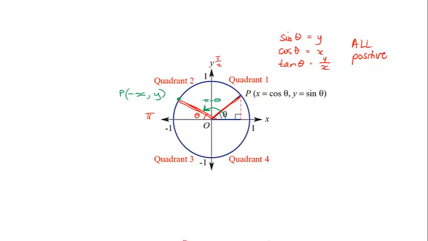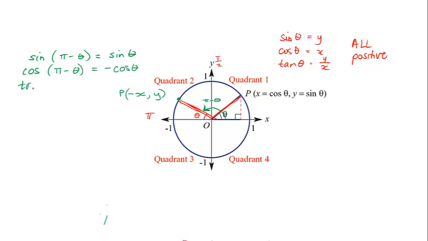So let's take a look at how this affects the values of sine, cos, and tan. So the sine of an obtuse angle, so something that's pi minus theta, is going to be equal to the y coordinate, which is positive. So it's going to be the exact same value as sine of theta. But the cos of pi minus theta is equal to the negative x coordinate. So that means it's equal to the negative cos of theta.